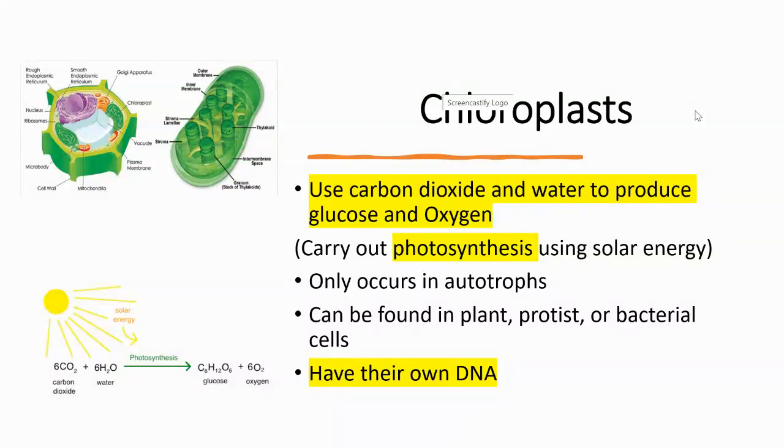That glucose and oxygen is vital for the mitochondria. So chloroplasts carry out photosynthesis using solar energy. Again, they only occur in autotrophs. They also are complex and have their own DNA. And again, they can be found in plant cells, some protocells, or bacterial cells.